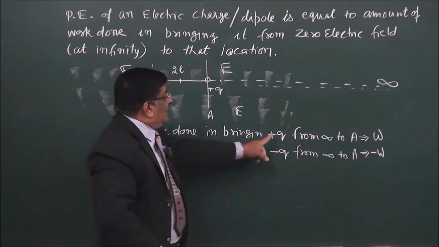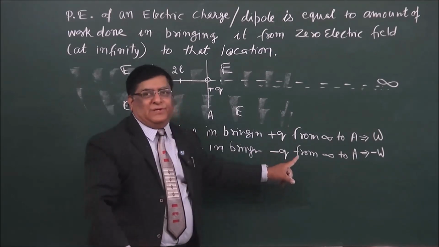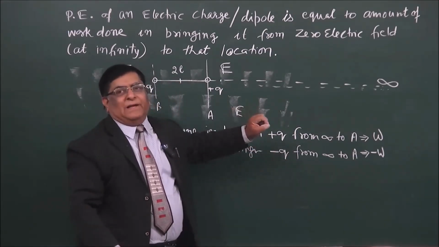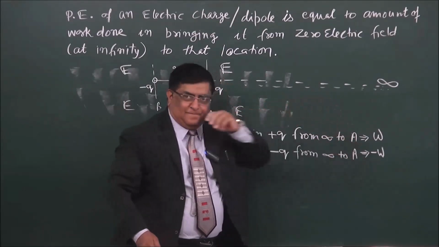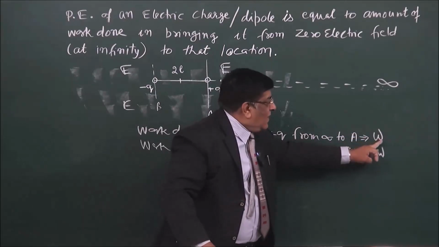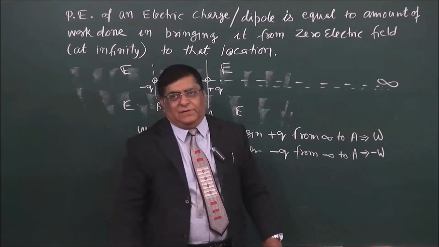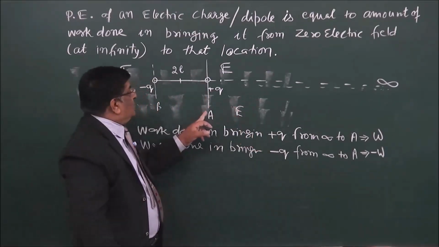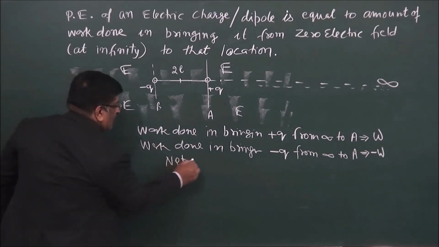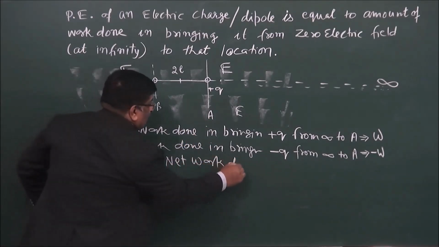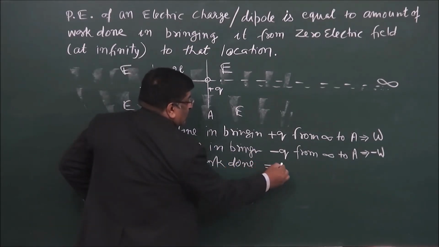Here the force is Q into E, here the force is minus Q into E. Therefore, for force multiplied by displacement, one will be positive and one will be negative. This work done W and this W are the same in magnitude. That means when we bring these two charges up to point A, the net work done is equal to 0.